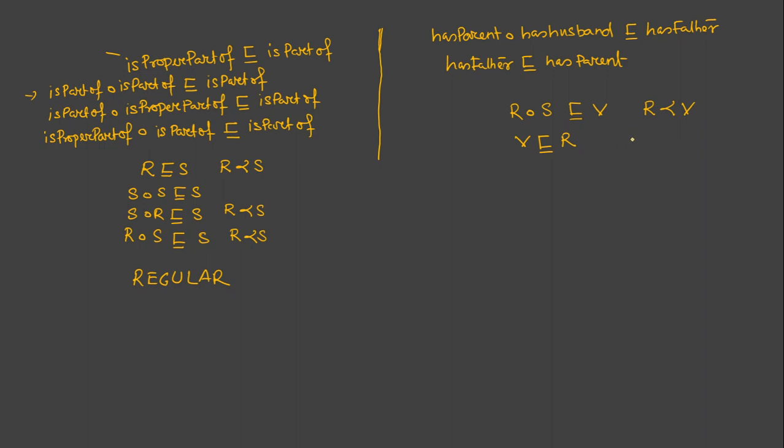And here you have a strict partial order, V comes before R, and you can see that it is violating the definition of strict partial order. So that's why this is a case of irregular RBox, and this is a regular RBox, right?